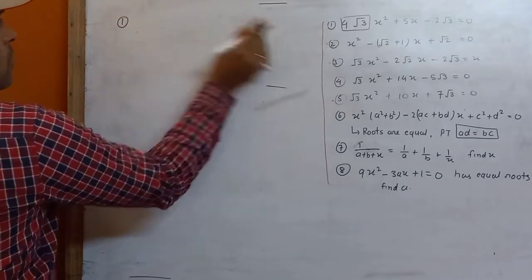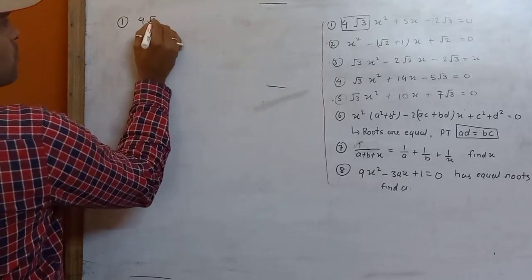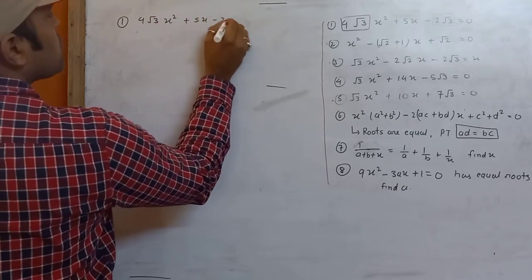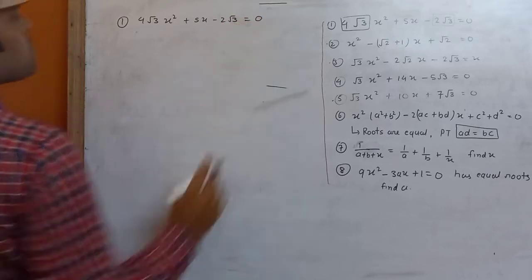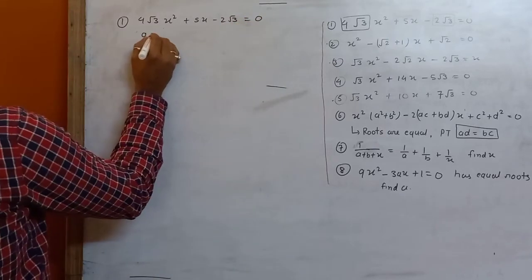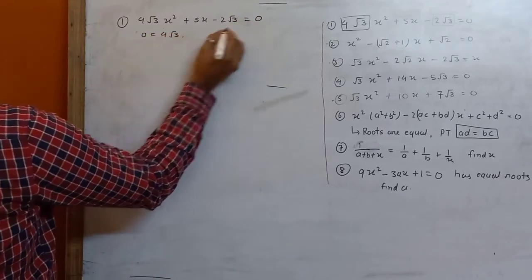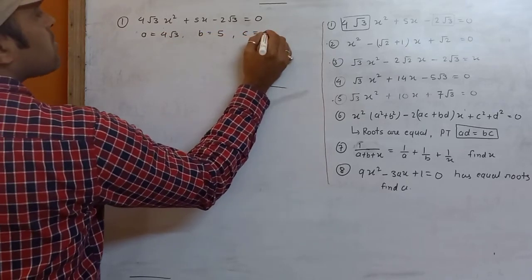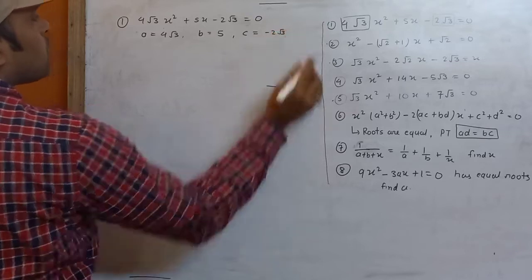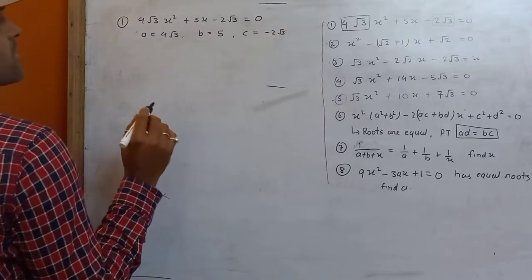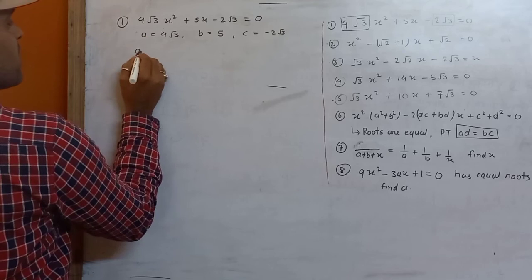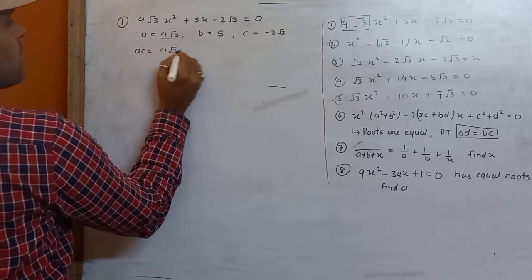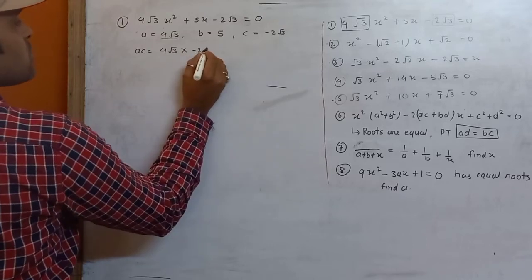The first question is 4 root 3 x square plus 5x minus 2 root 3 equal to 0. Now we know that a is equal to 4 root 3, b is 5 and c is minus 2 root 3. Using the factorization method we multiply a and c, where a is 4 root 3 and c is minus 2 root 3.